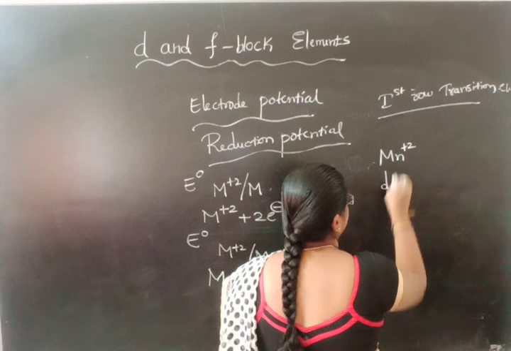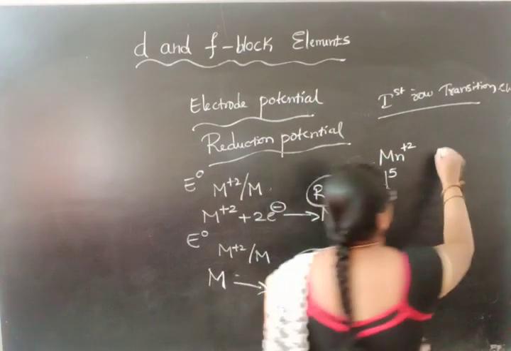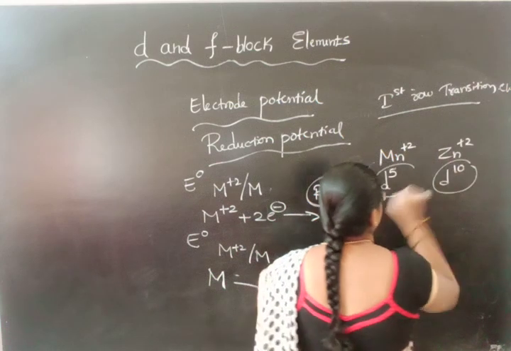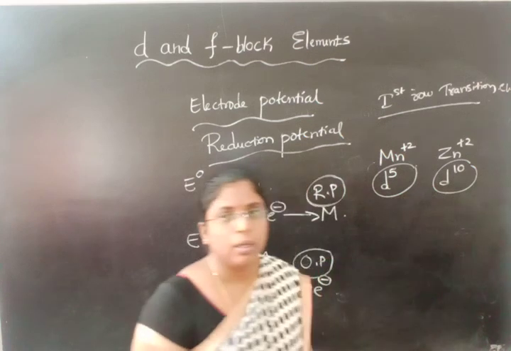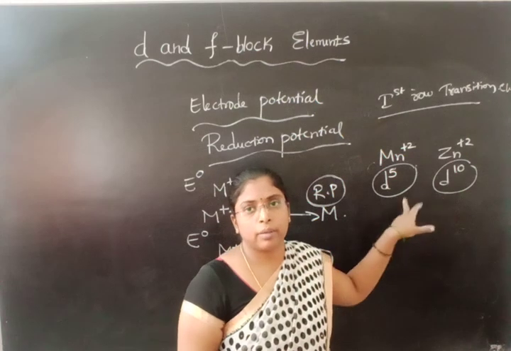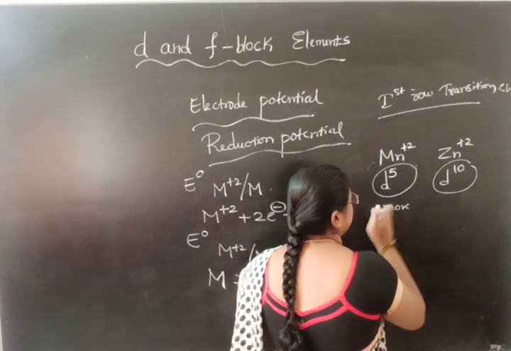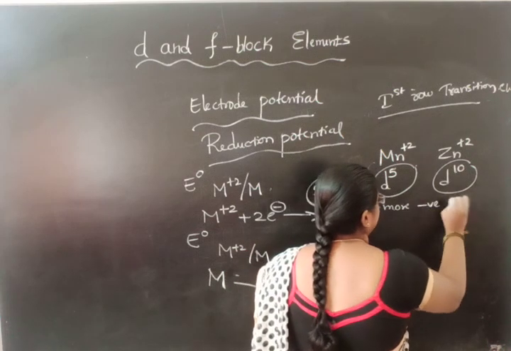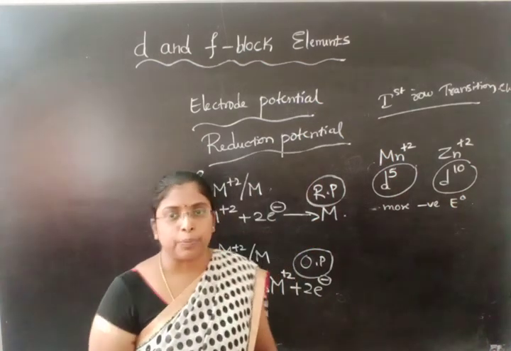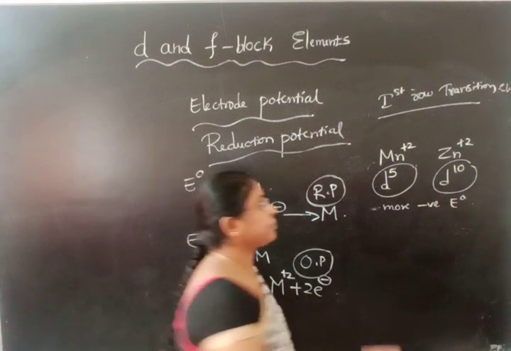Mn plus 2 has a highly stable D5 configuration, and Zn plus 2 has a highly stable D10 configuration. Hence they have more negative E0 values, because of the stable half-filled and completely filled configurations.